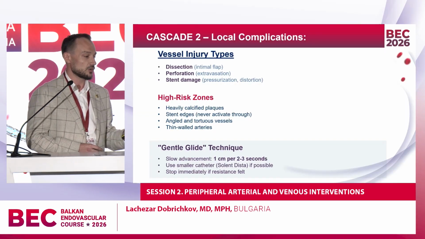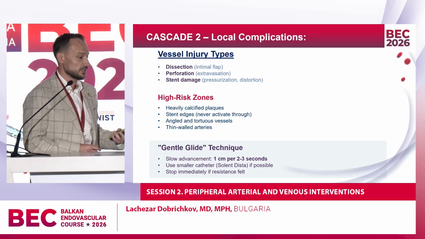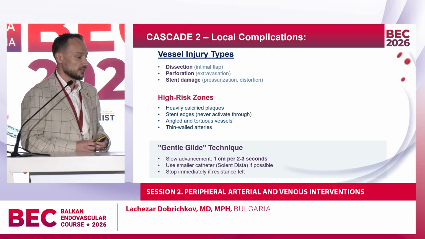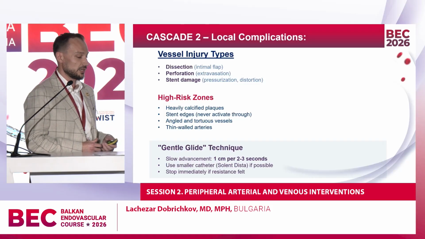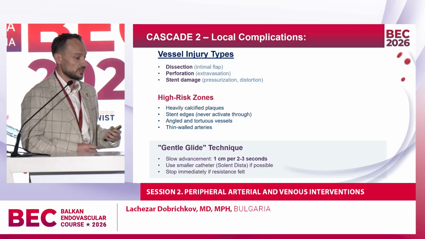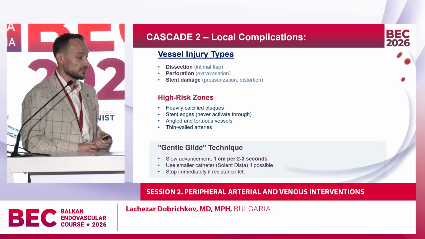The local complications are related to vessel injury, and they are dissection, perforation, and stent damage if we're treating in-stent thrombosis. The high-risk zones for thrombectomy are heavily calcified lesions, stent edges, angled and tortuous vessels, and thin-walled arteries.